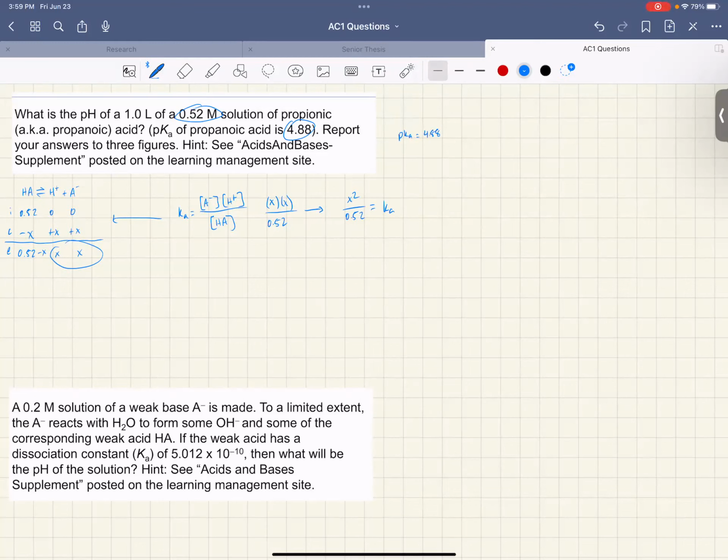We need to be able to find the Ka to plug it into this equation. The way we do that is we say that Ka is equal to 10 to the negative pKa, which in this case is 10 to the minus 4.88, which is going to be 1.3 times 10 to the negative 5th. So plug that in for Ka.